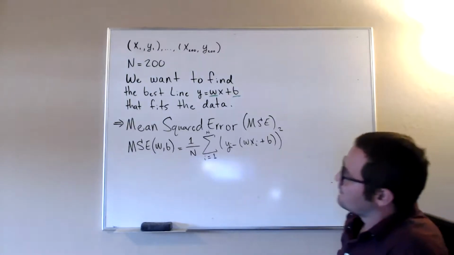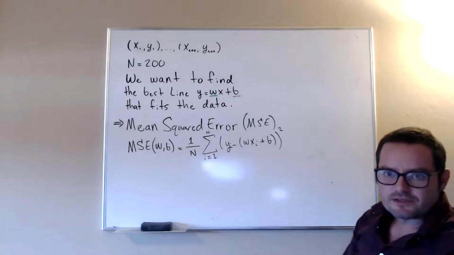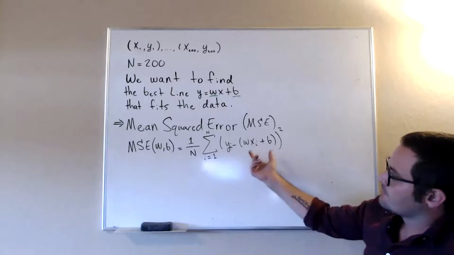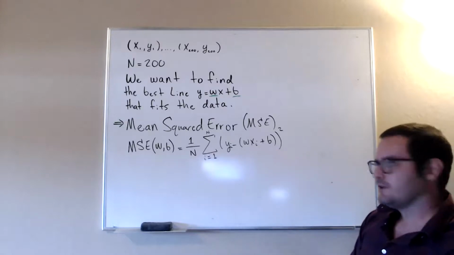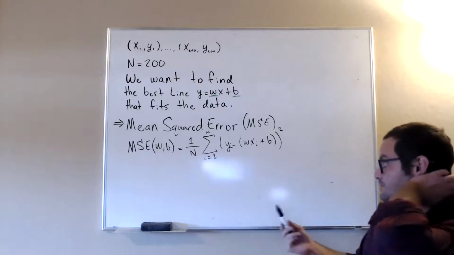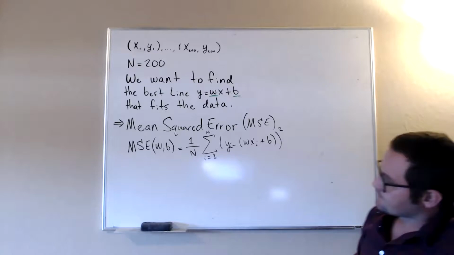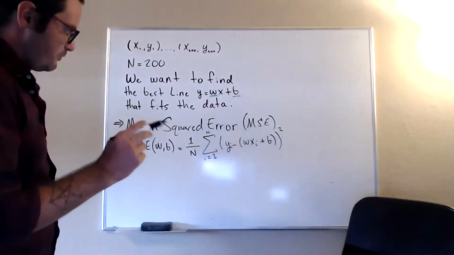So now that we have this, right, we need to minimize this, right? If we can minimize the mean squared error, we're minimizing how off we are from our desired output, given a w and a b. So the way that we can do that is by using gradient descent. Now, what does that look like?